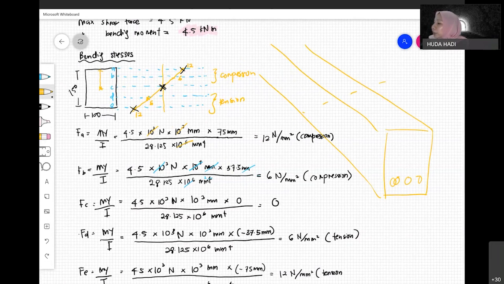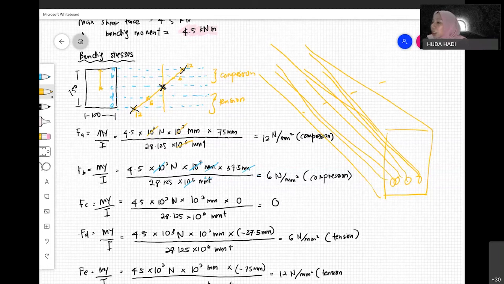Okay, so reinforcement ni memanjang kat bawah. Dia duduk kat bawah, dia tak duduk kat atas. Kenapa? Sebab reinforcement can resist tension. Concrete resist compression. So that's why atas ni concrete je penuh. Bawah ni baru dia letak reinforcement. So that's the point of having this. Itu ada reason je lah.